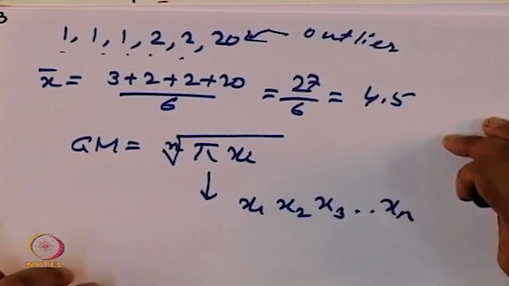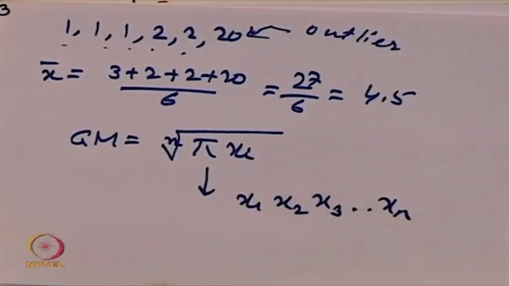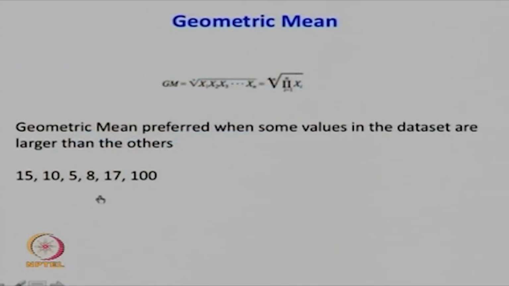Now, what we find is, for these particular values that I have chosen, 15, 10, 5, 8, 17, 100, you can clearly see that most of the values lie within 17 except for this one number which is 100. If I calculate the arithmetic mean for this particular sample, it turns out to be 25.8, and as with the previously discussed case, we can see that 25.8 is much bigger than the number 17.